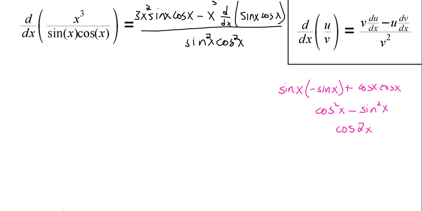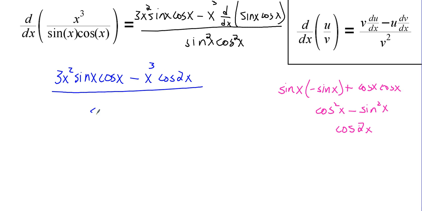So where we're at now is 3x squared sine x cosine x minus x cubed cosine 2x all over sine squared x cosine squared x.